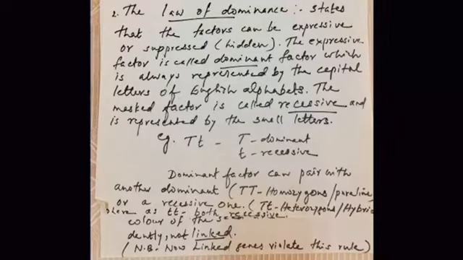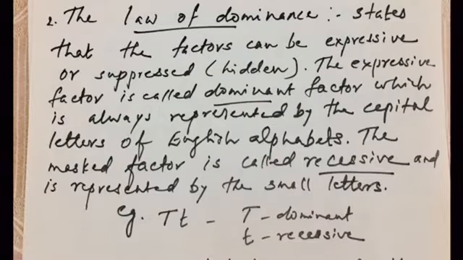What is the law of dominance? This law states that the factors, that is the paternal and the maternal factors, some are expressive, or they bring the characters, whereas the others remain hidden. Even though they are present, they remain hidden or suppressed.